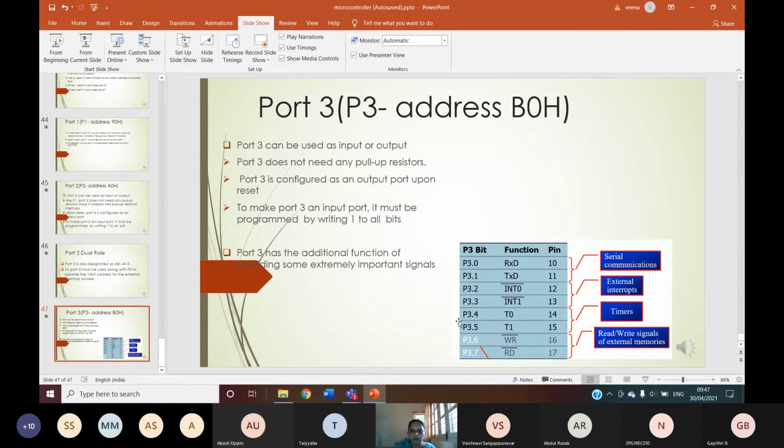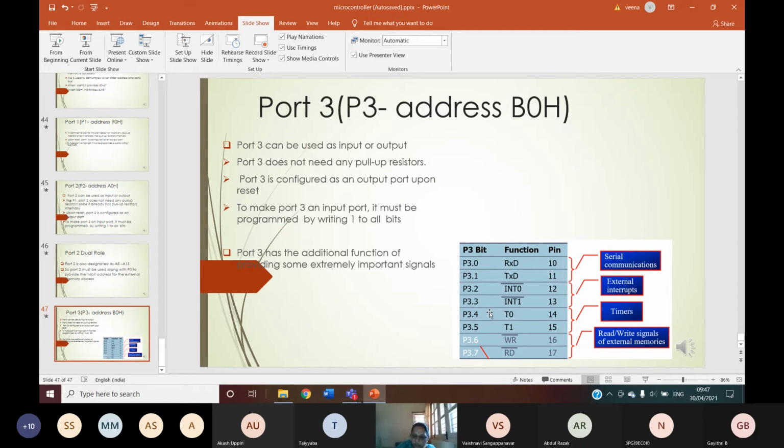Okay, next port 3 bit 4 and port 3 bit 5, these 2 lines act as the input to the timer. 8051 has 2 16-bit timers, timer 0 and timer 1. If I want to give any input to the timer, it can be given on the lines port 3 bit 4 and port 3 bit 5.